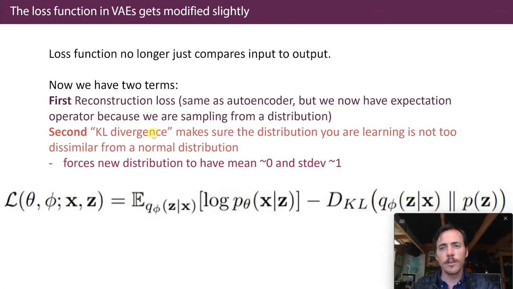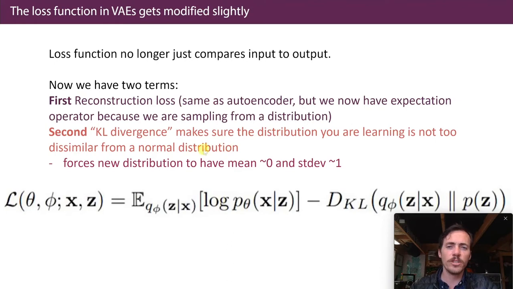The first term is your reconstruction loss. It's the same as the autoencoder, except that now you have this expectation operator because you are sampling from a distribution. More on that in just a minute. But this second term is your KL divergence. This makes sure that the distribution that you are learning is not too dissimilar from a normal distribution. So what is all this talk of distributions, right?